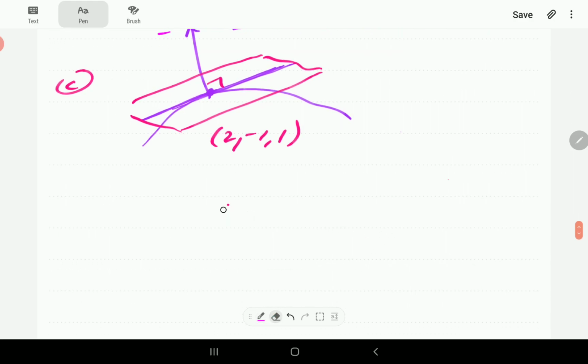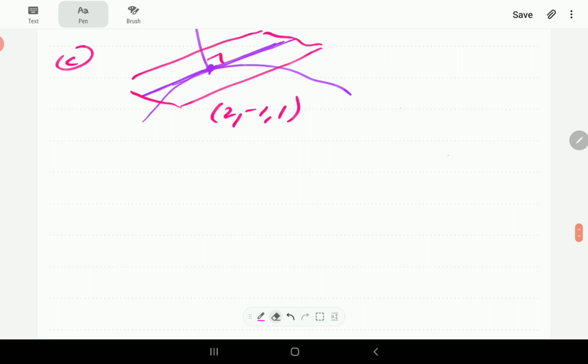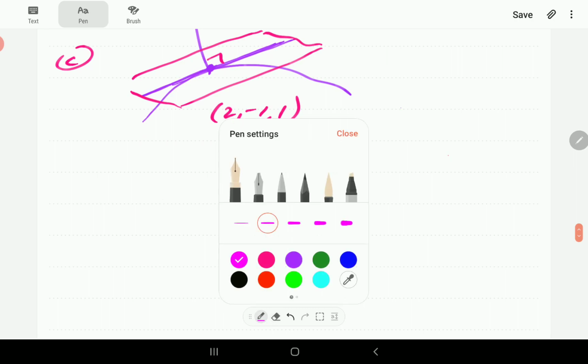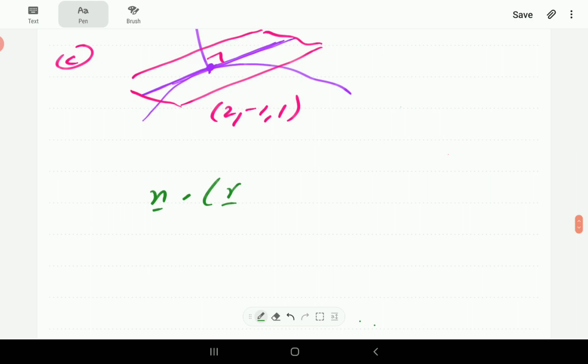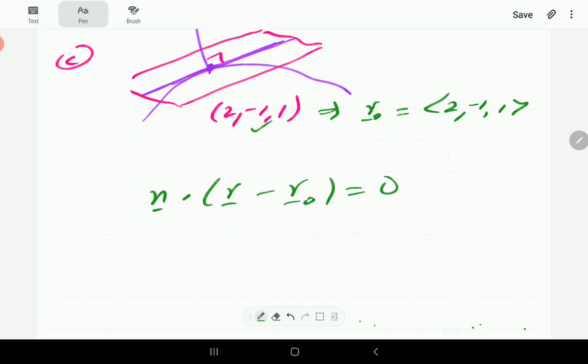Now, from the theory of planes in 3D, the equation of the plane is going to be equal to the normal vector dot the position vector of a point x, y, z minus the position vector of a given point on the plane. Now, in our case, R0 is going to be the position vector of this point here, 2, minus 1, 1.